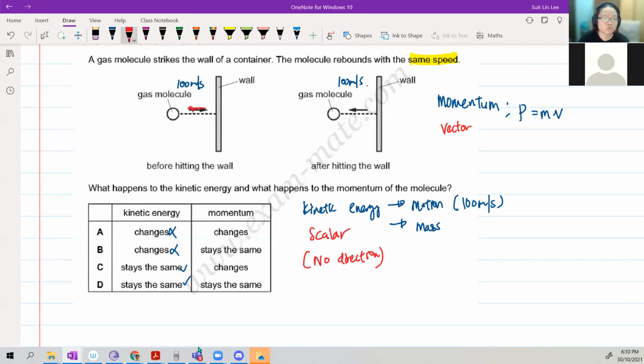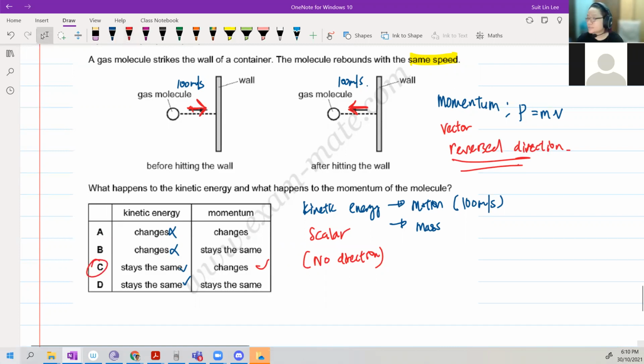It went from towards the wall to away from the wall. So the reversal in direction means the momentum already changed. So the answer is C. It's not both stay the same. Both magnitudes stay the same. But momentum is not just magnitude, momentum also has direction. Its direction has already reversed.